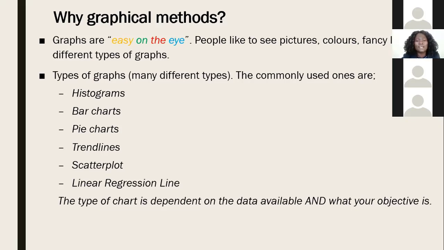The type of chart depends on the data available, and also on your objectives. So hopefully after this session, it will be easier for you to choose the graphs or tables that you may want to include whenever you write up reports or present data.